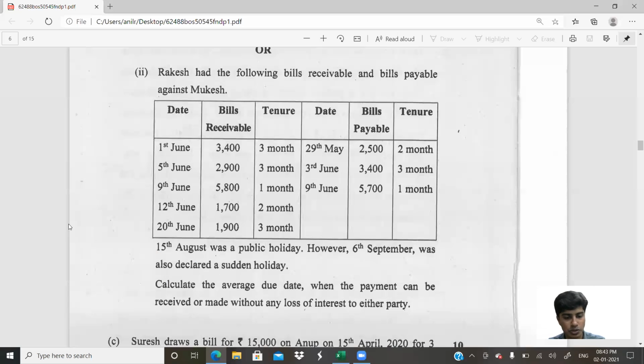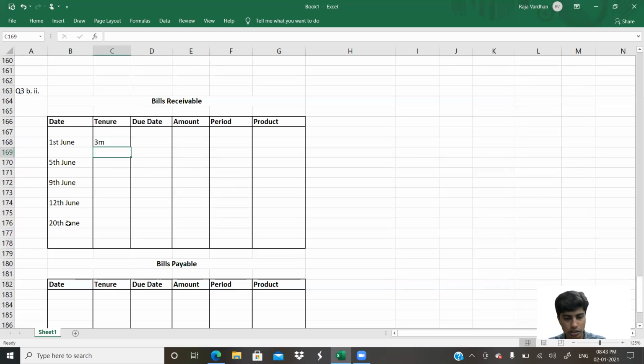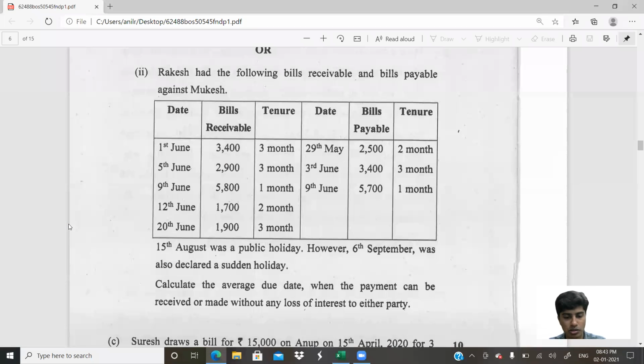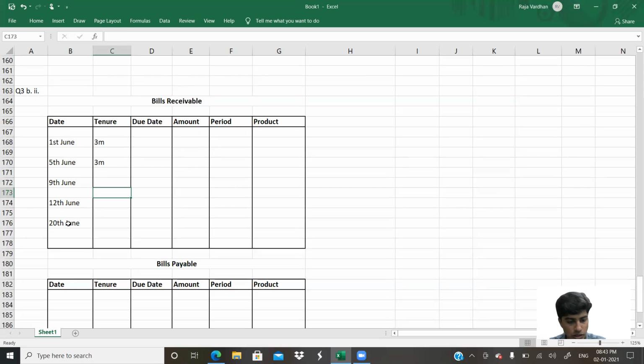Perfect. Tenures are 3, 3, 1, 2, 3. 3 months, 3 months, 1 month, 2 months, 3 months. Perfect. Due date is what we should find.